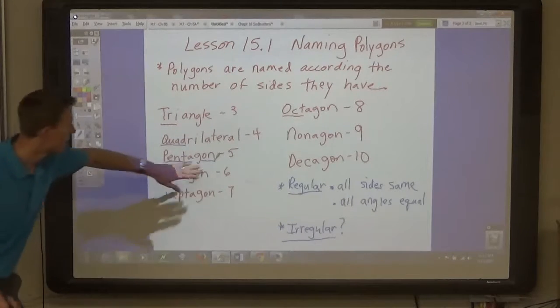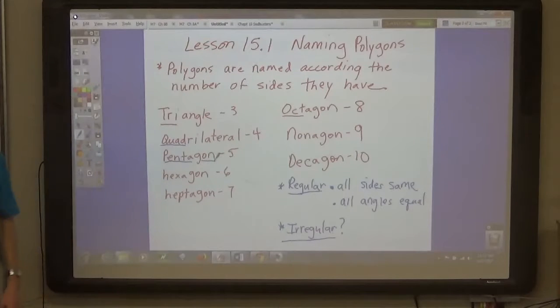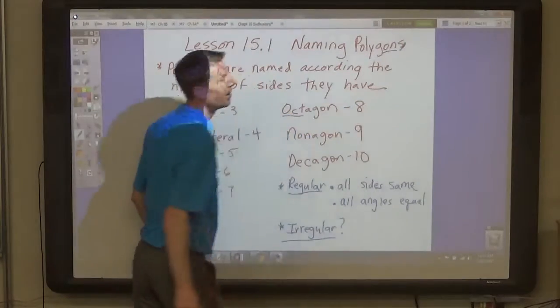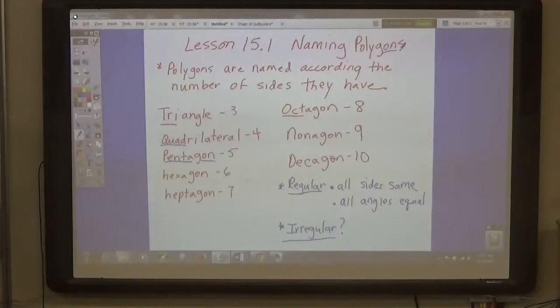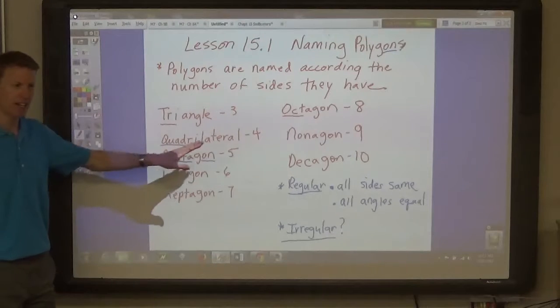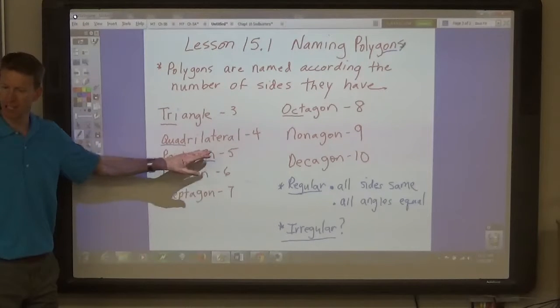You start seeing gon on all the other ones. Sides? Yeah, or it's a shape. Polygon means a multi-sided shape or a multi-sided figure. So a pentagon is a 5-sided shape or a 5-sided figure.